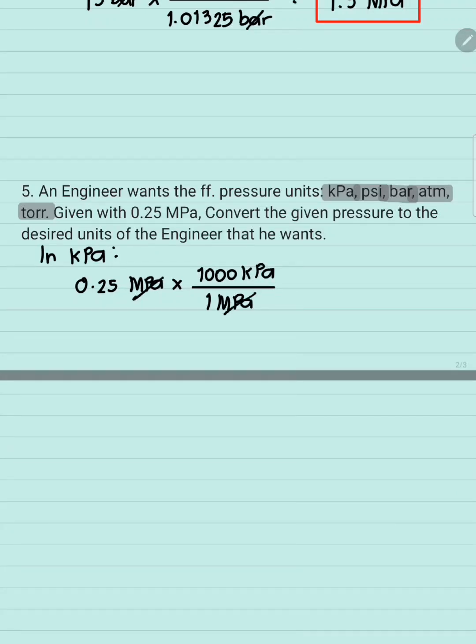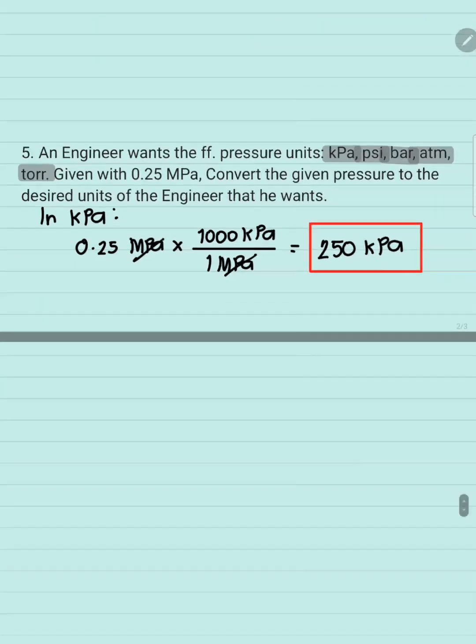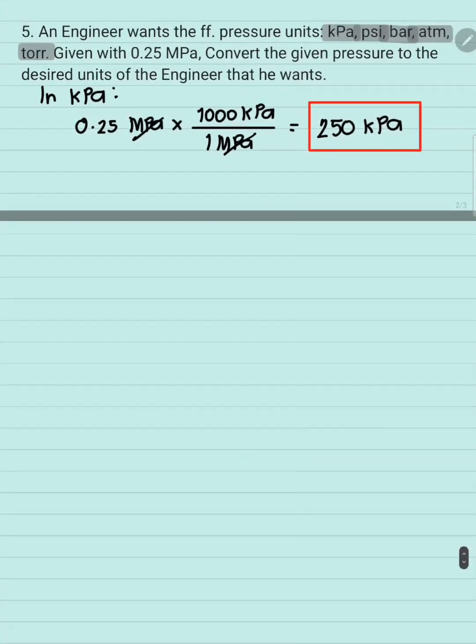Cancel megapascal units, and we are left with kilopascal. In the calculator, 0.25 multiplied by 1000 divided by 1, we get 250 kilopascals. So we are done with kilopascal.